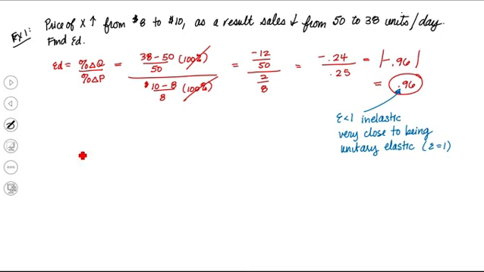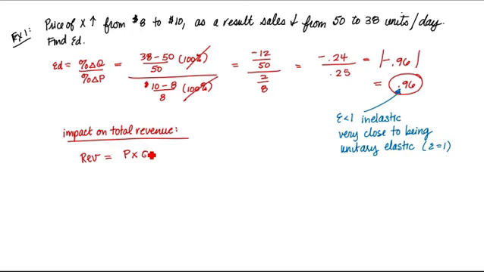All right. So the next thing I'm going to ask you is the impact on total revenue. Again, you have to know the equation for revenue. Revenue is P times Q. Sometimes I call it total revenue, same thing.